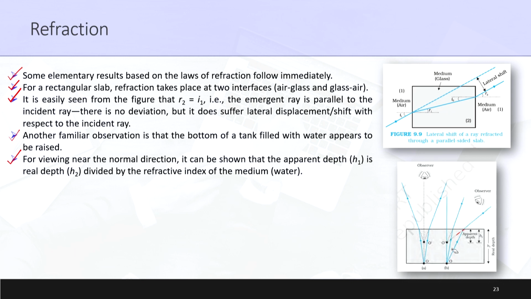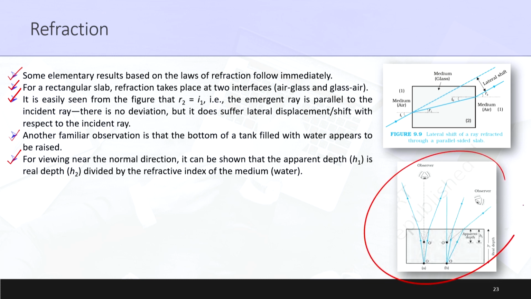Your eye should view the location at the bottom point, but because of refraction the ray bends, and because of this bending you observe the object at an apparent depth, which is h dash. This is happening just because of refraction of light.